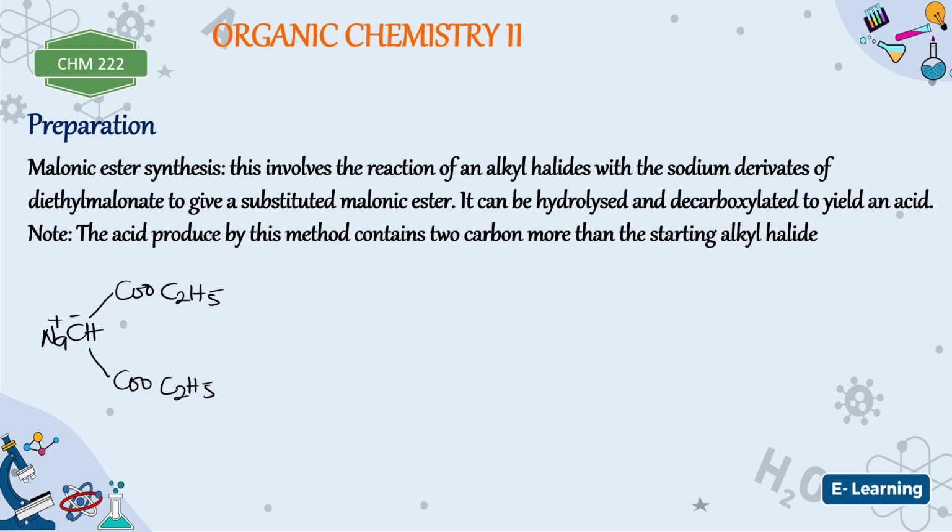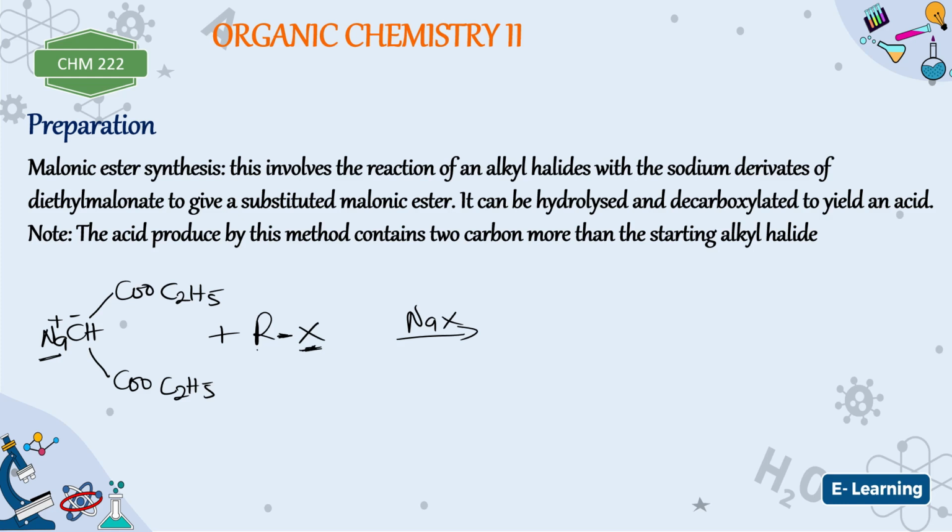Now when the sodium salt of the malonic ester reacts with alkyl halide, what do you think will be formed? Now at the end of the day, sodium halide will be given off. That means this sodium will combine with this X, and both of them will go.